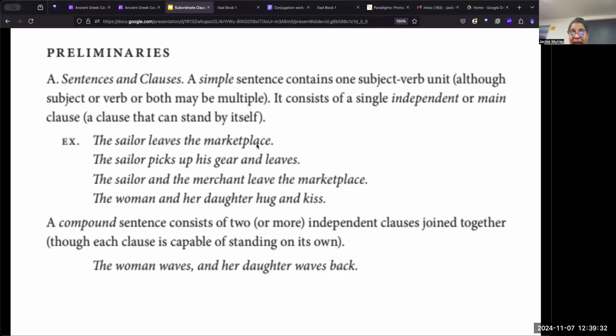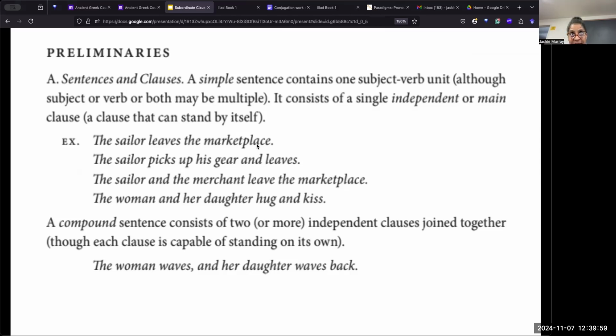So compound sentences have more than one verb, with perhaps more than one subject, right? He says such sentences consist of two or more independent clauses joined together, usually by a conjunction like and, but, or. So here we have the woman waves and her daughter waves back.